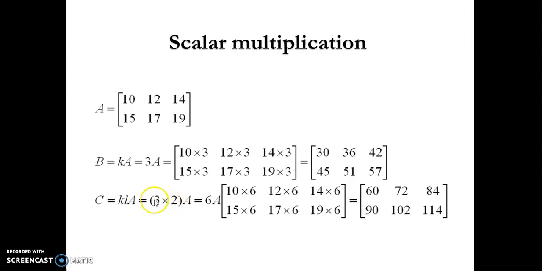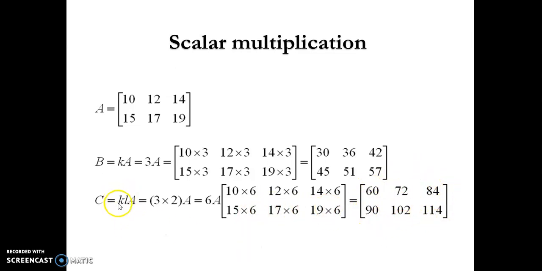So if I say 3 times 2, I'm going to get 6. And I can then just multiply this factor of 6 to matrix A, which was your original matrix. And then you take the scalar 6 and you're going to multiply it by every entry in that matrix. And then you're going to get your cells for June.